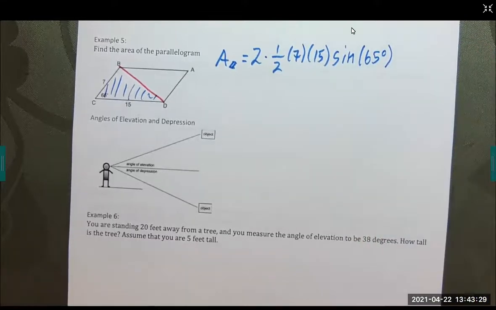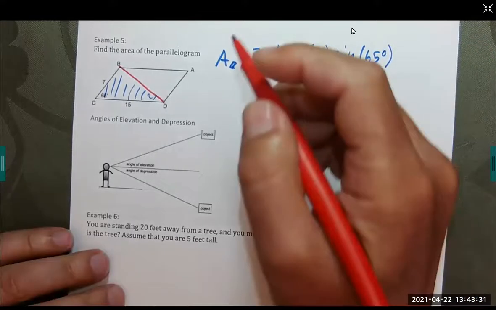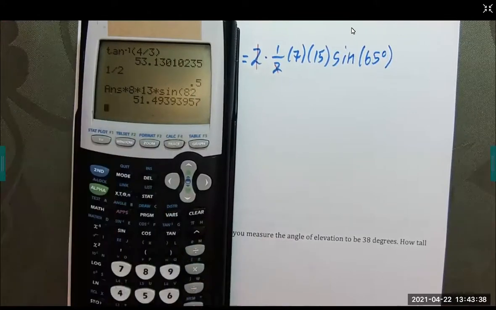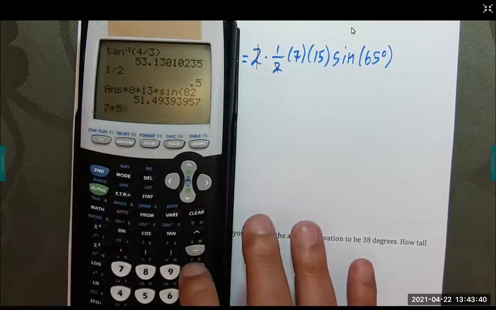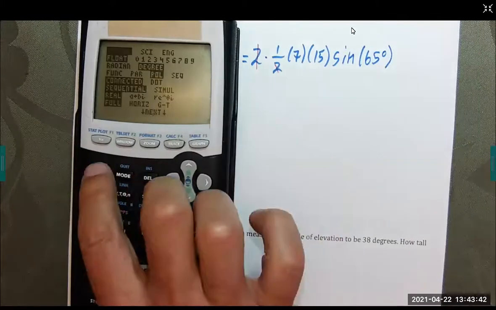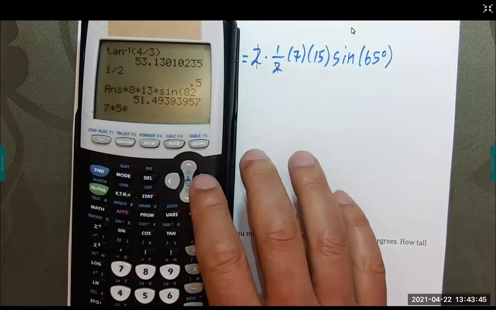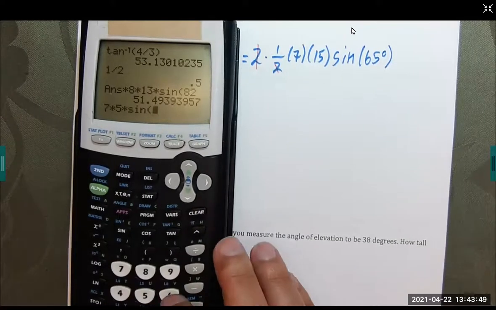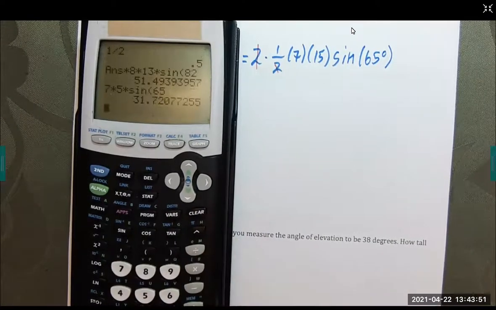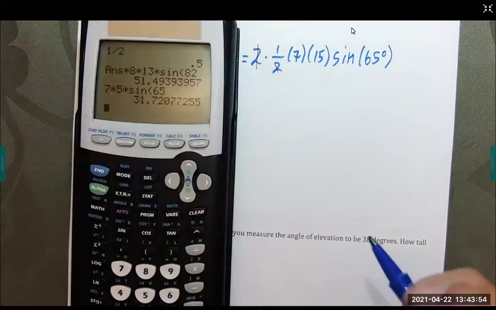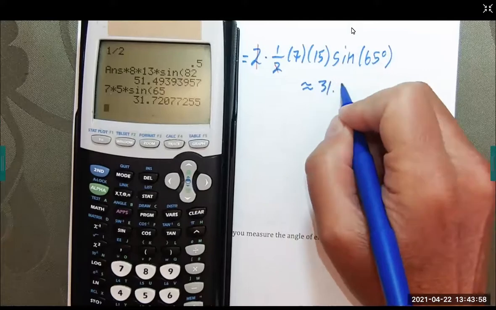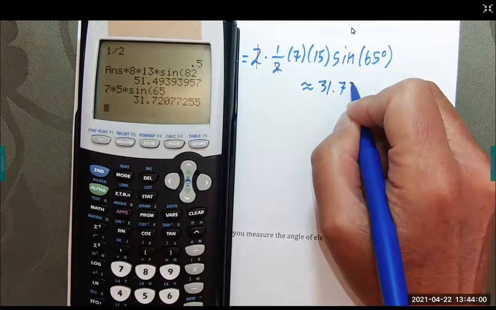And I'm going to note that the 2 and the 1/2 cancel each other out. So we end up with 7 times 15 times the sine of 65 degrees. And we've already doubled it, so I don't have to worry about that. So what's the total area going to be? It's about 31.72 square units. Again, we don't have units for this one.